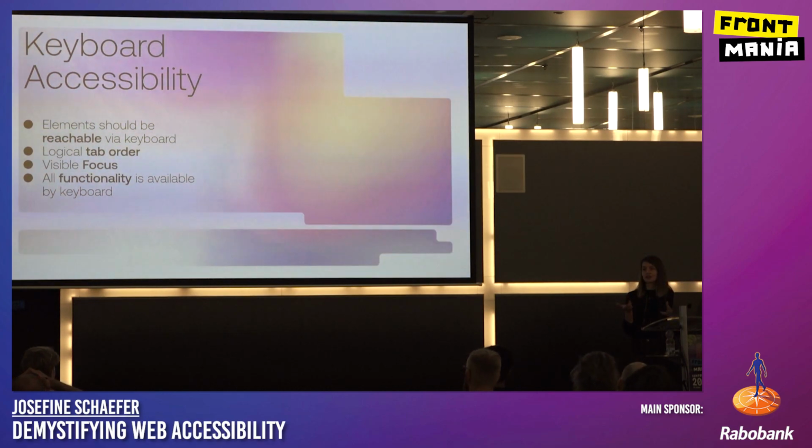And I mentioned earlier, if you use semantic HTML, some of our elements already have built-in keyboard functionality, right? And now if people are able to reach it, you also want to be able to move away again. So you don't want to trap your users, which happens quite often in a modal, for example. You want to keep logical tab order, so like the way somebody would read your page, the tab order should be very similar to that.